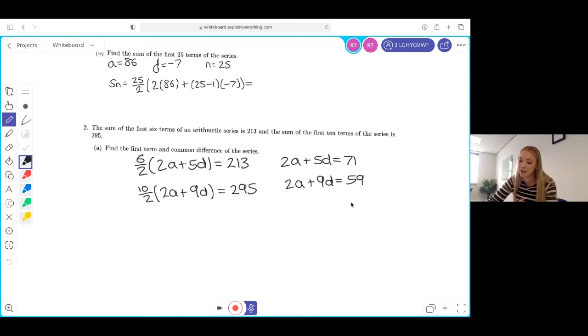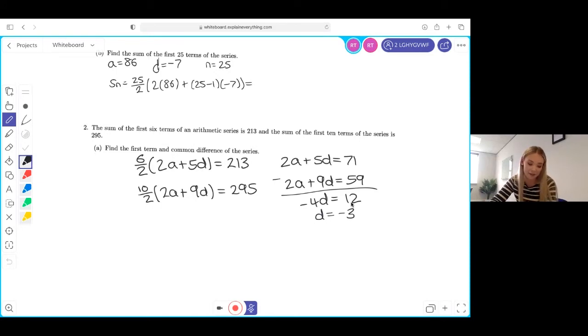And then we've got 2a for both of them, so for those equations we can just take them away from each other. A lot of these are just simultaneous equations practice. So 5d minus 9d, minus 4d equals 12. So then we should get d is minus 3.